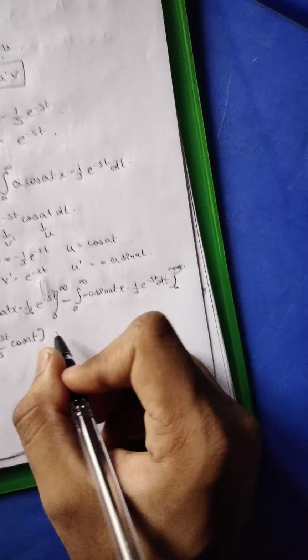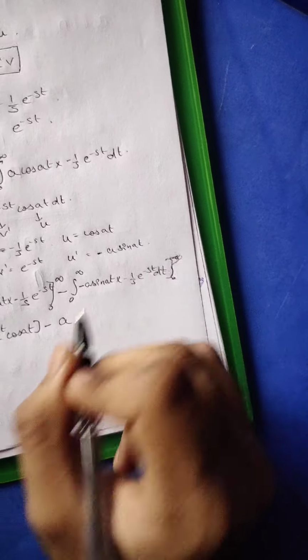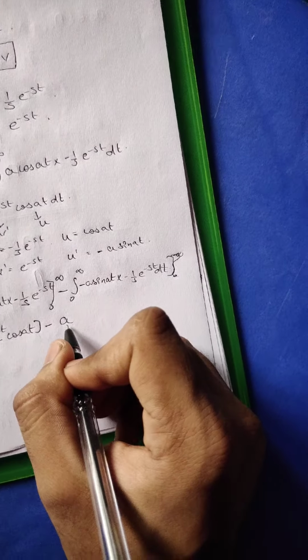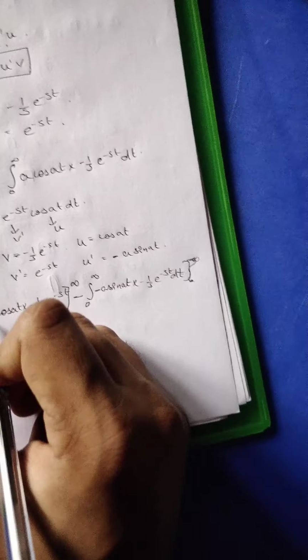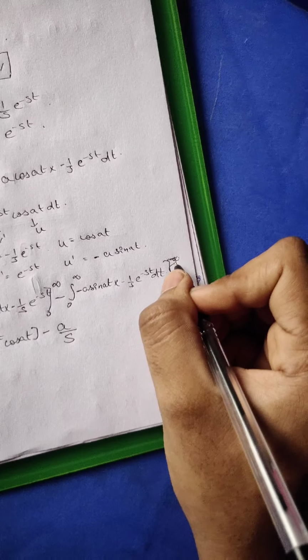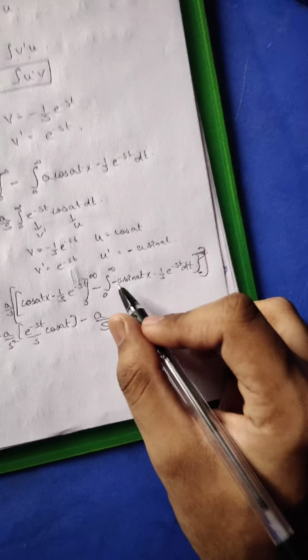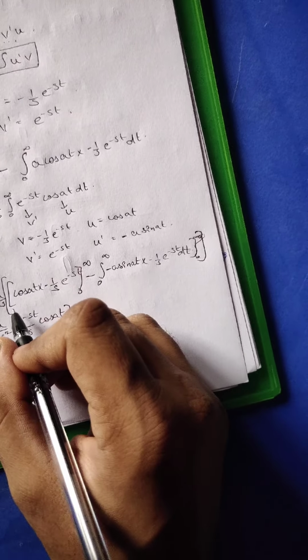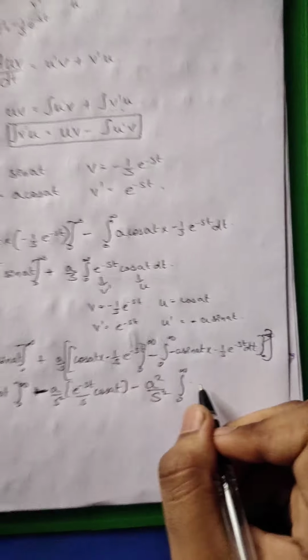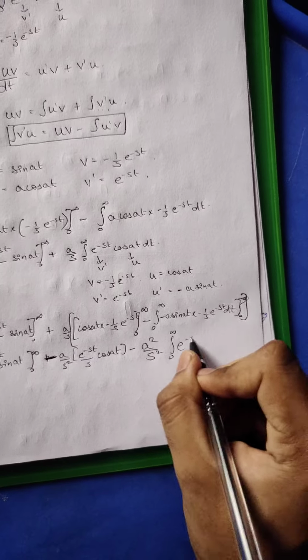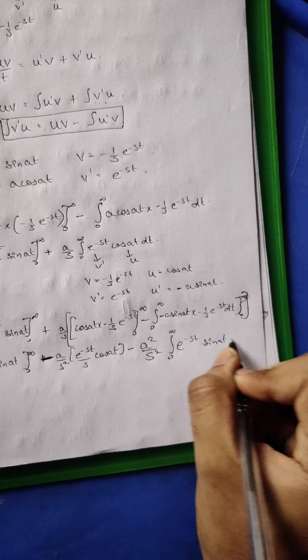Okay, and here we can take a out and even the s. So we have a outside the whole thing, right? So we know it is a by s again, so we have to take this as a square by s square into the integral from 0 to infinity of e power minus st into sine at dt.